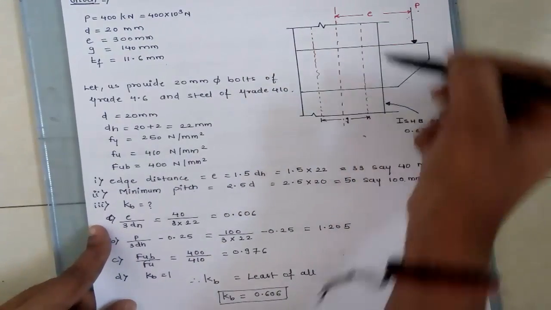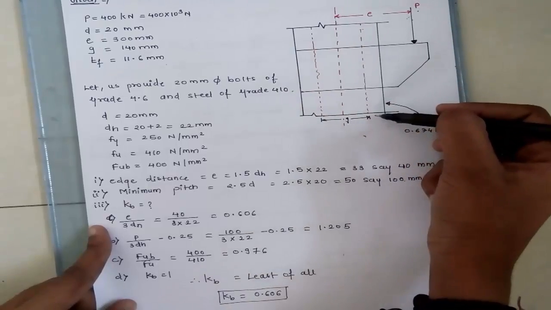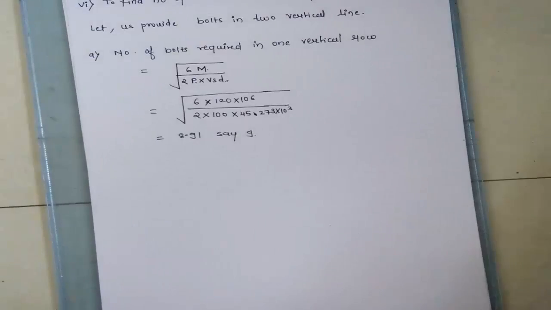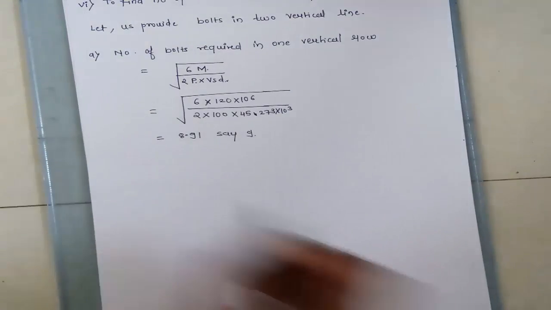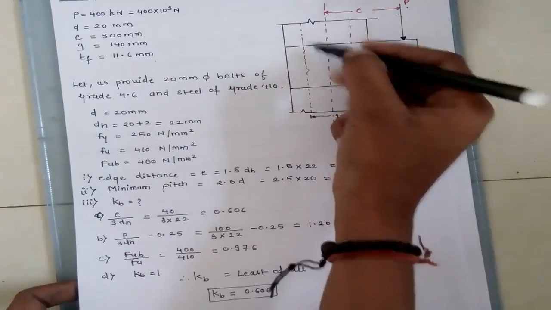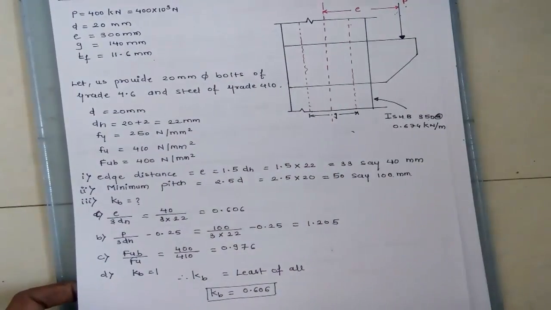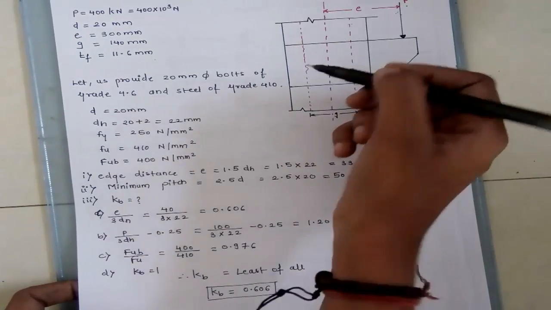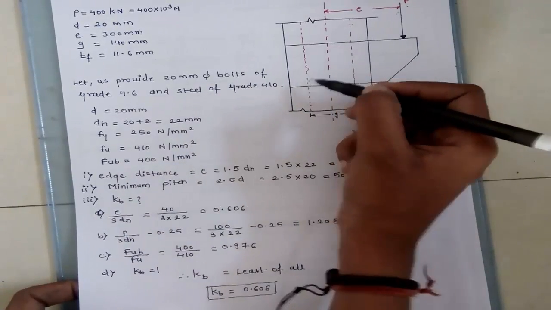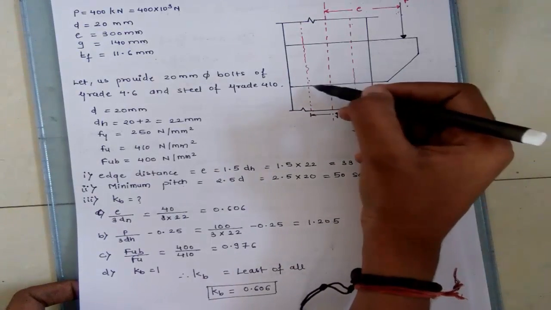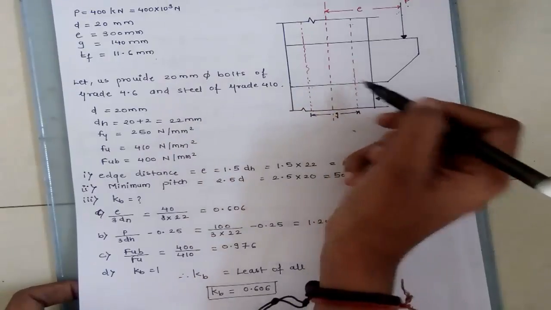There is one vertical row and this is the second vertical line. We have to manage this number of bolts in these two vertical lines. We have already calculated 9 for one vertical row, so after multiplying by 2 we get the bolts for the two vertical lines.